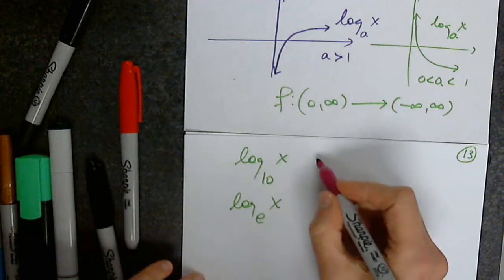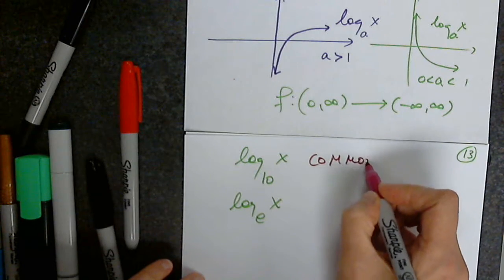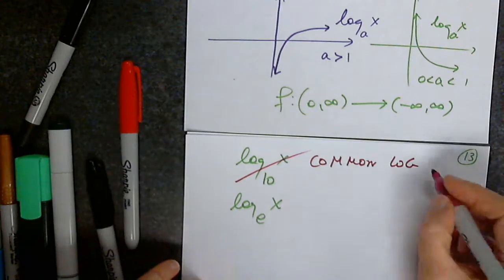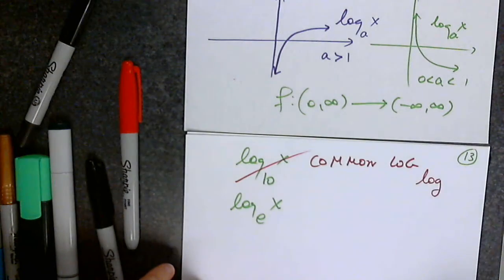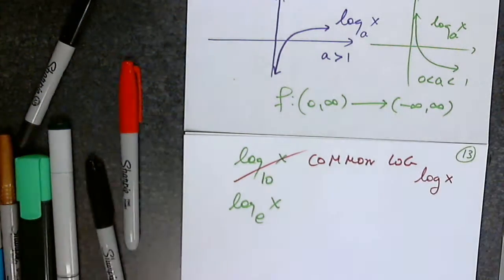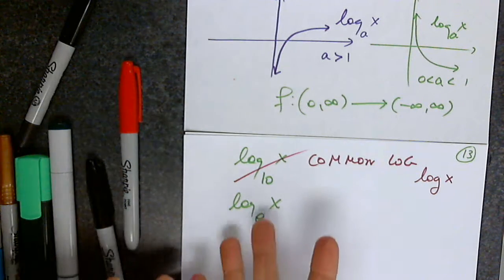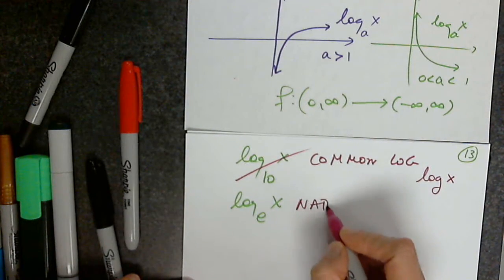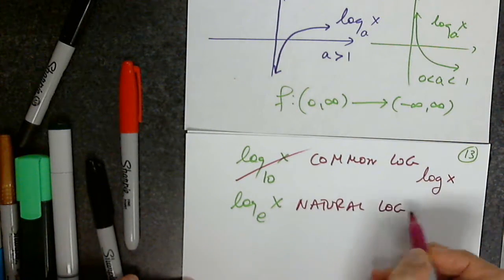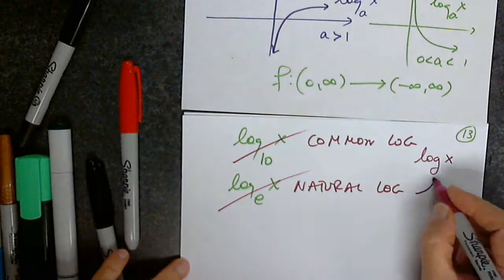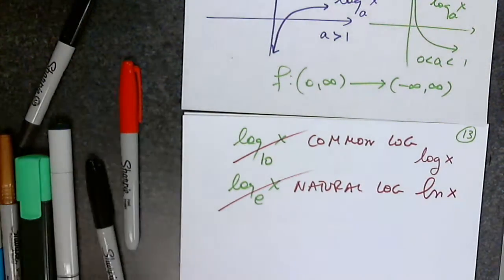So this is, again, common log, where we don't use this notation. We use this notation. But this is what it means. So if you see a log with no base, it's common log. Now, obviously, this is natural log. But this is not the notation we're going to use. But we're going to use ln x.